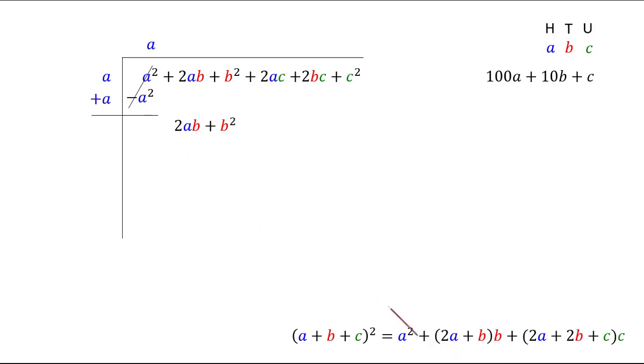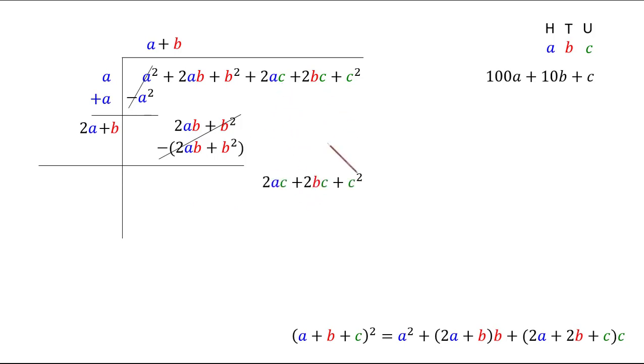So, since we require 2a, we add a to get 2a. We write a plus b afterwards. We need to find this out. Multiply by the same b to get 2ab plus b square. We take the difference, and then we bring down these numbers: 2ac plus 2bc plus c square.